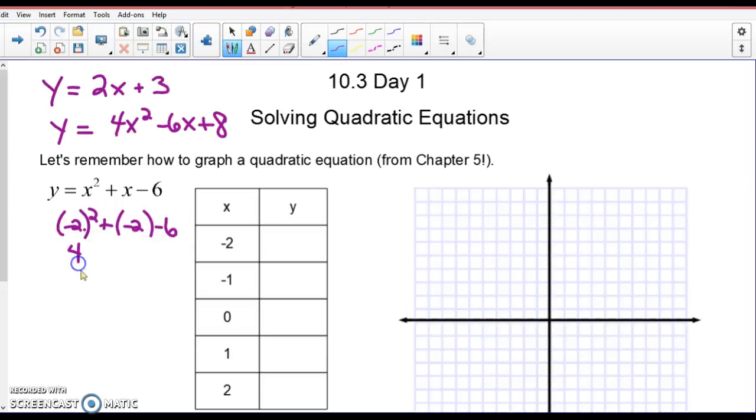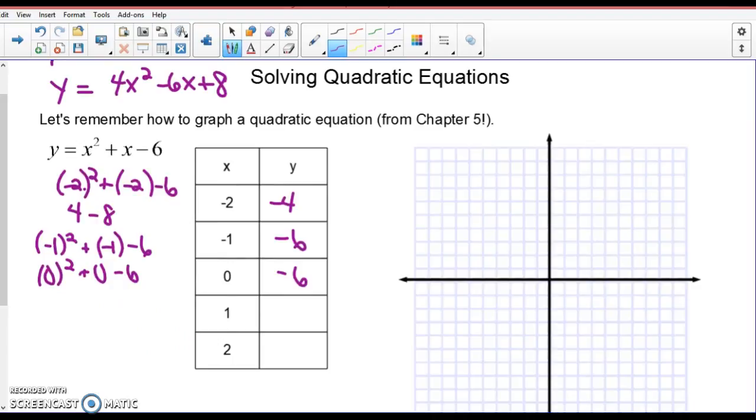So this will be 4 minus 8, so that'll be -4. If I plug in -1, I'm going to have -1 squared plus -1 minus 6. That'll be 1. This will be -6. If I put in 0, I'll have 0 squared plus 0 minus 6 gives me -6.